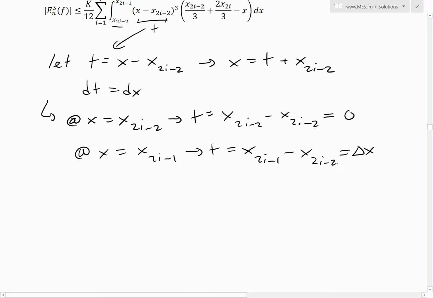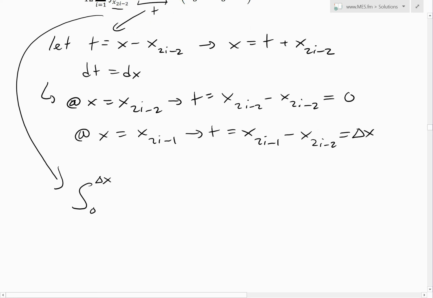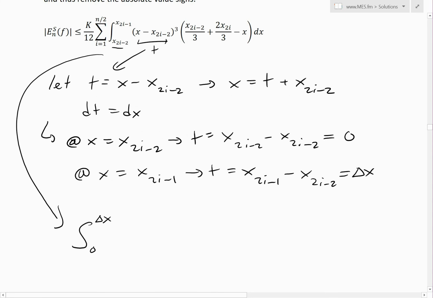And now we can just plug that in here. So this integral, we'll just deal with that first. So we have 0 up to delta x. That's this whole integral equals 2. And now we put the t in there. So there's this t cubed that's replaced.